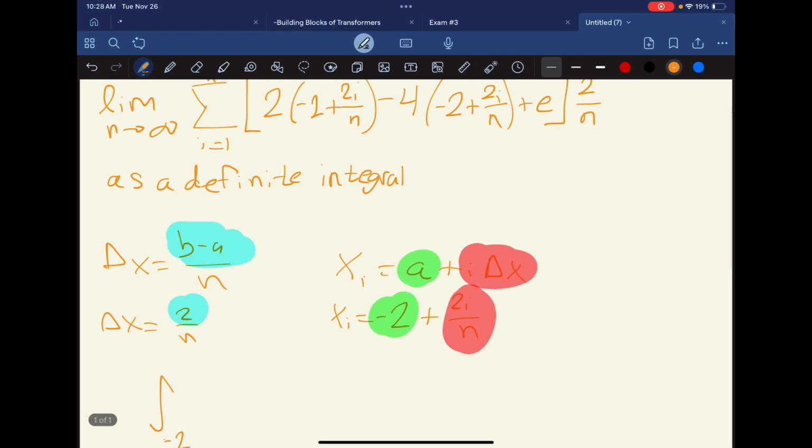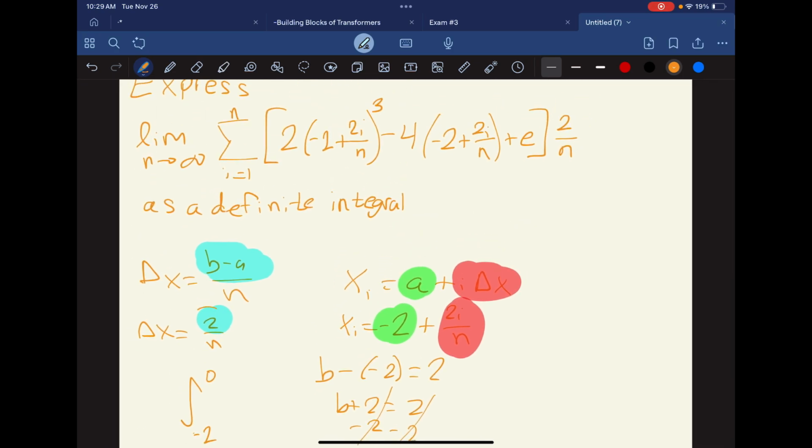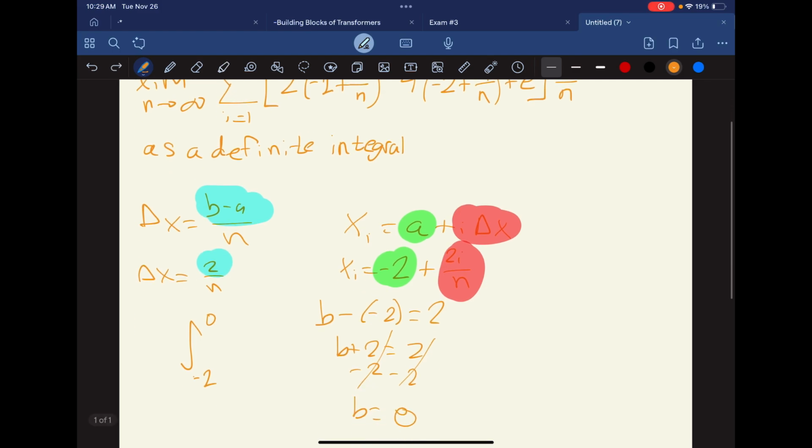So if a equals negative 2, b minus negative 2 equals 2, because b minus a equals 2. So that's b plus 2 equals 2. So subtracting 2 from both sides, b equals 0. So we figure out that the width of our interval is 2, and we figure out our a.